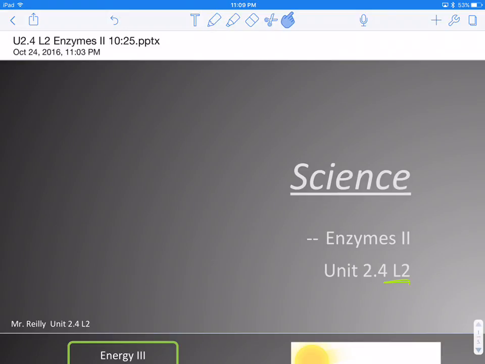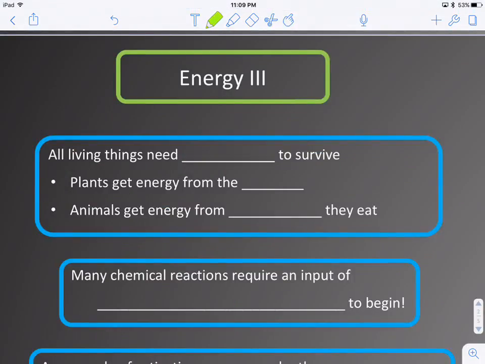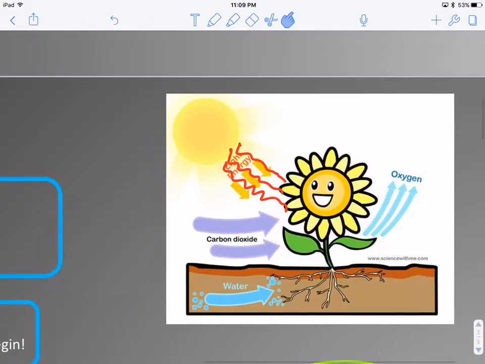Okay, so as you guys should know, all living things, we need energy in order to survive. Without eating food and without plants getting sunlight, we're actually not able to live, right? Plants get their energy from the sun. And if you take a quick look over here on the right, you can see that we have this plant, right?